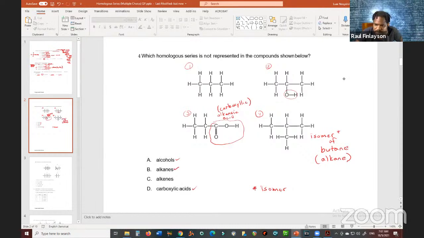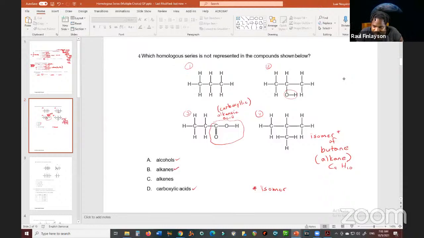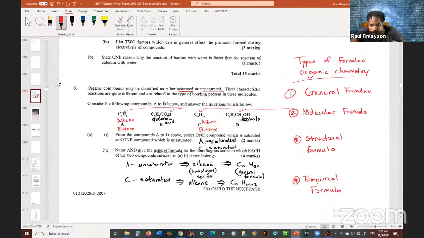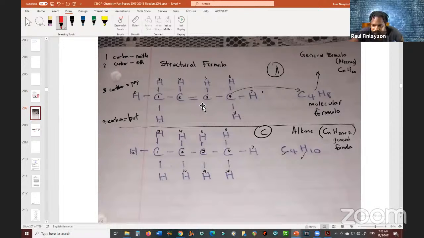But then it is arranged differently from the butane that you would know. The butane that you drew in your own case was a long chain, which looks different from what we're seeing here. Let's see if we can bring up what you drew.